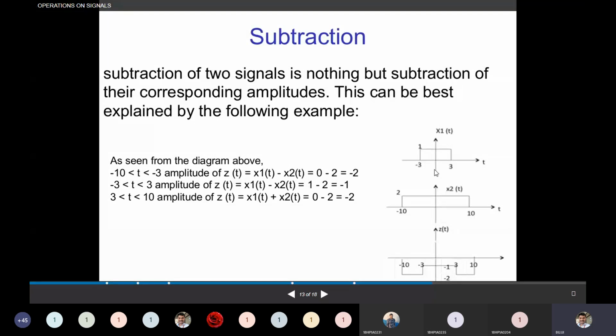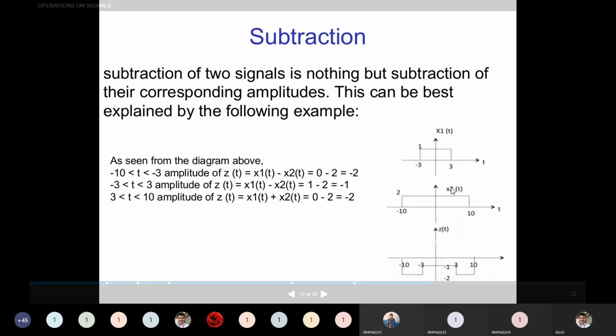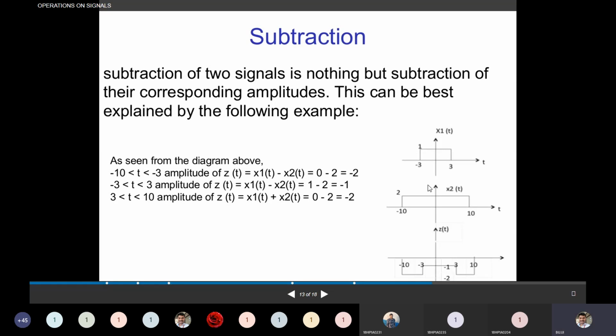Subtraction, the same type. See this one: the first signal extends from minus 3 to plus 3. The second signal is minus 10 to plus 10, with amplitude 2. See here, in the first range 0 minus 2 is minus 2 itself.